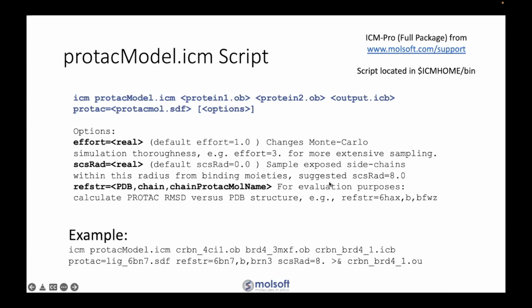We're using the suggested radius for the side chains, and when the simulation runs, it has many lines of output, so just for reference, we're going to keep it in an output file, but the actual 3D complexes will be saved in this .icb file. And from this ICB file, you can save as PDB and read into other software if you need to do that.